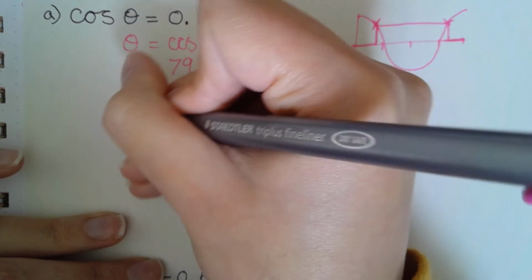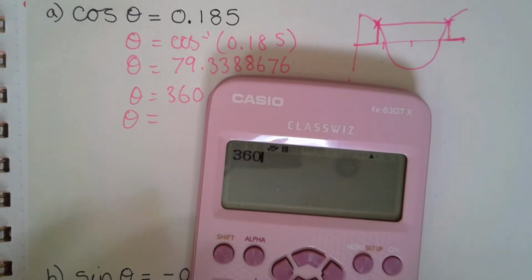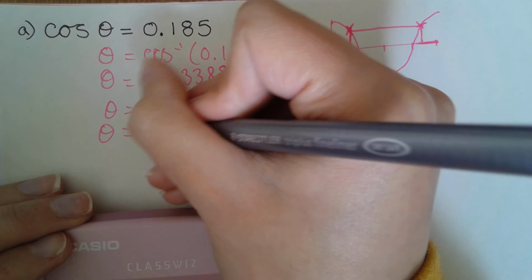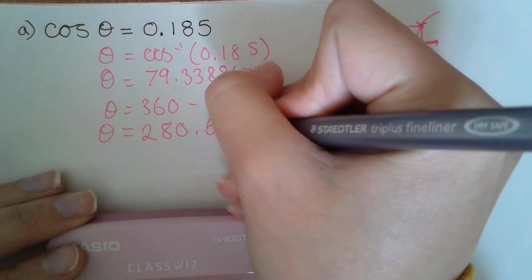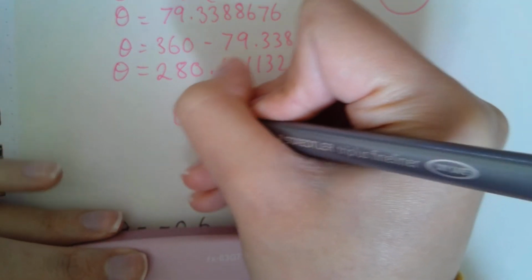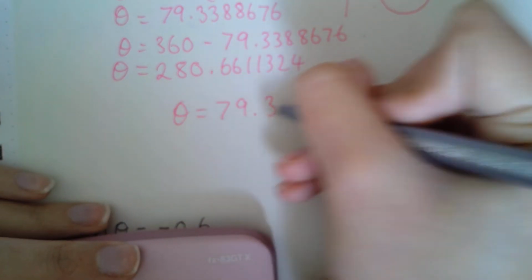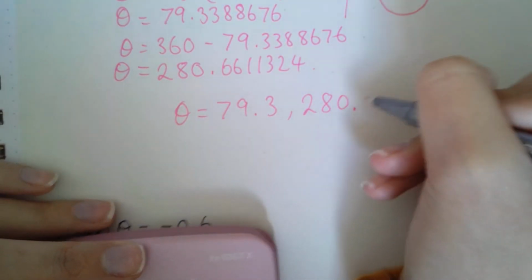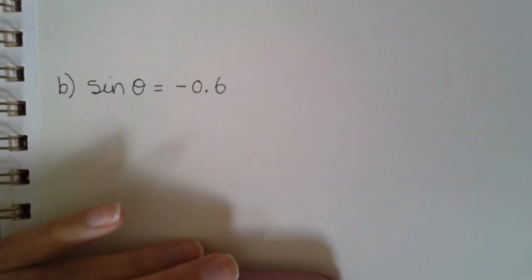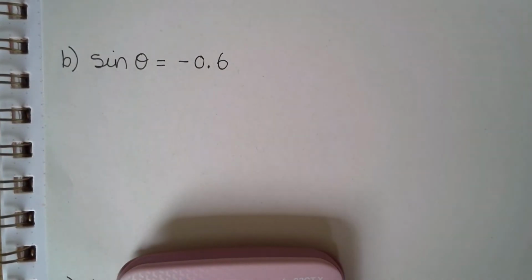So theta also equals 360 take away our answer, 280.661132. So to one decimal place, theta equals 79.3 and 280.7.